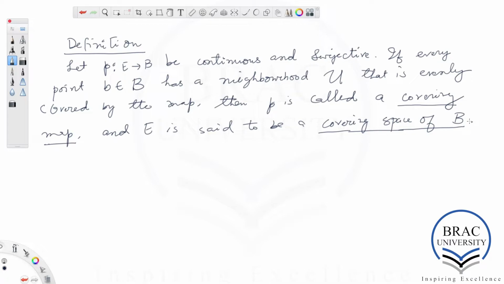Now there are a few properties of this covering map that actually follow from the definition of it. Let us discuss these properties in detail.